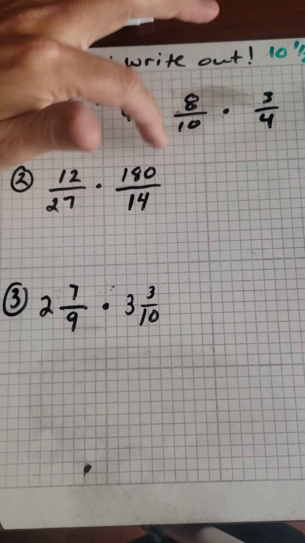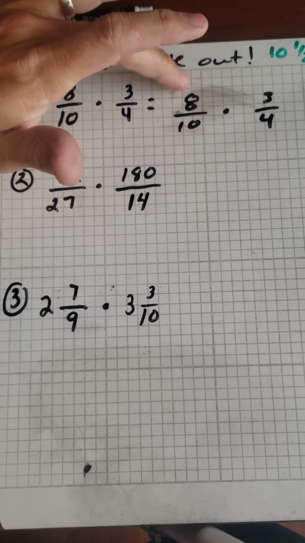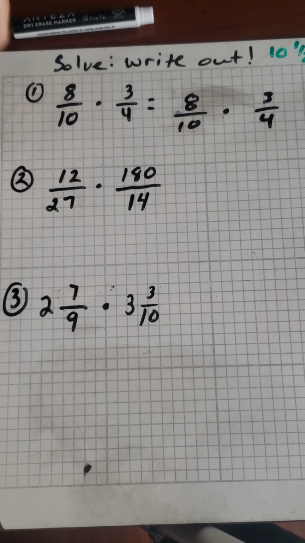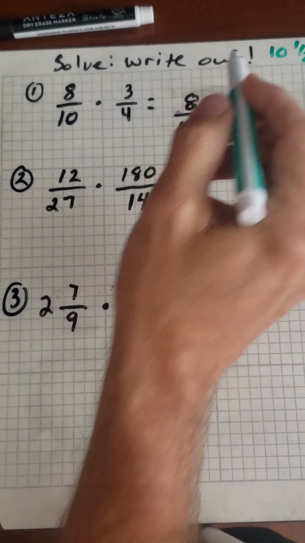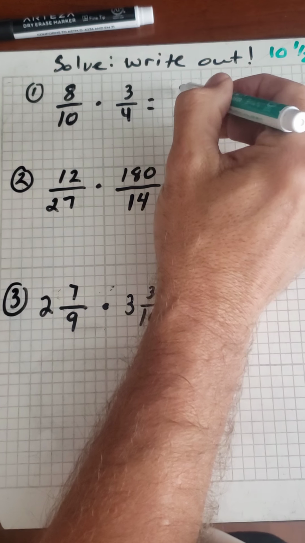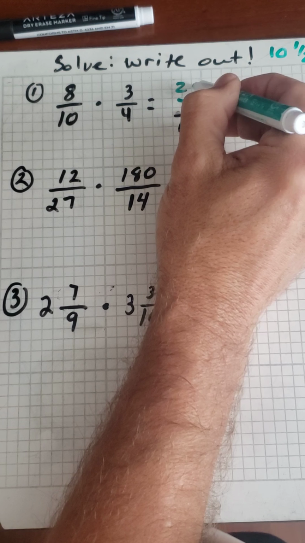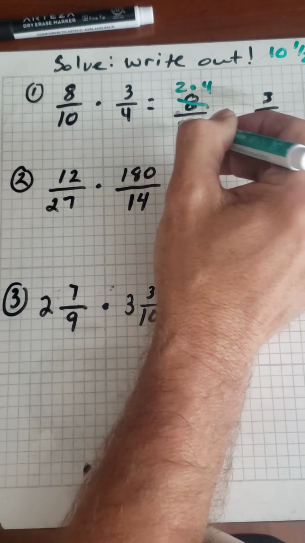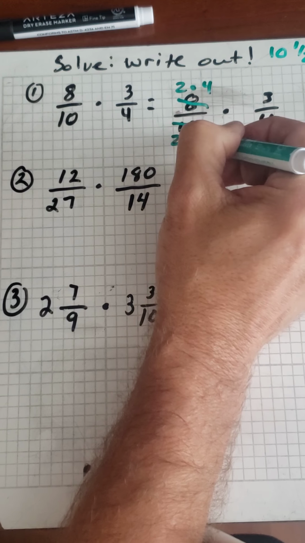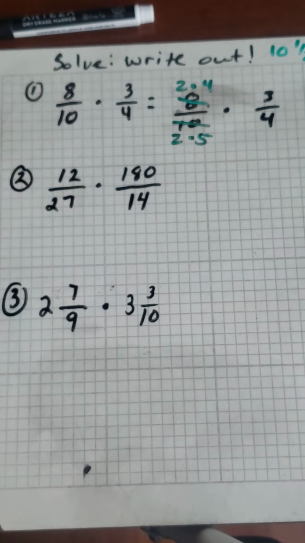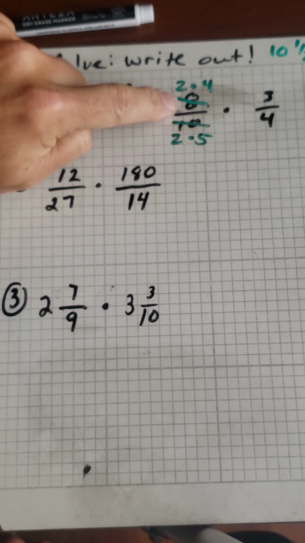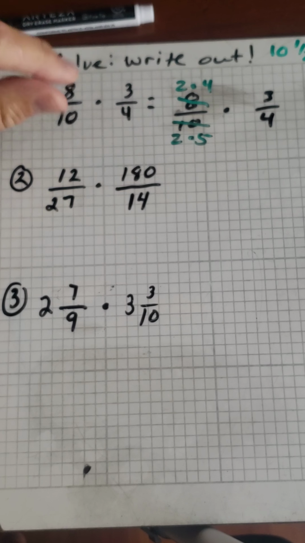When I break these down into the factors, what I'm trying to find are factors that are in common from the numerator and the denominators. So I look at this one and I know I can break this down into 2 times 4. And I can break this one into 2 times 5. And then that still equals 8 and that still equals 10. It's just broken into its factors.